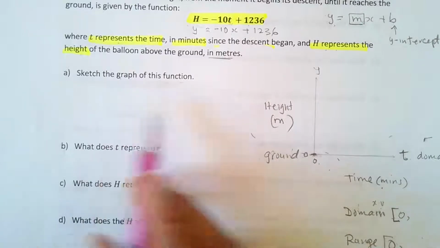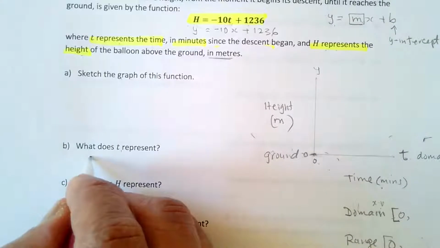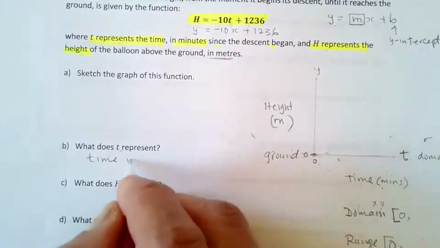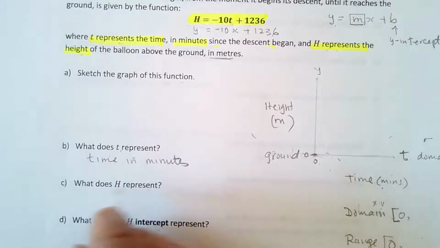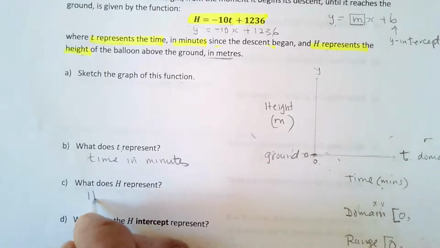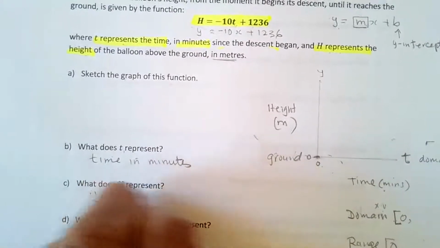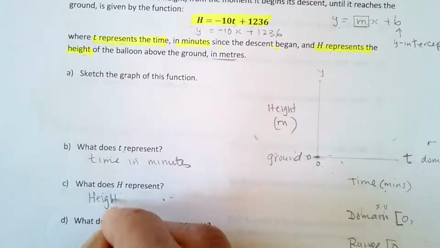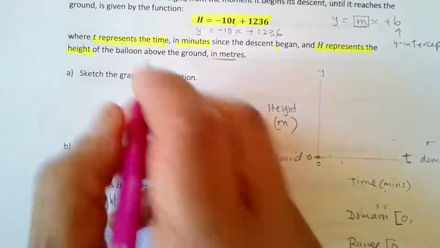So we're still sketching our graph. Now, what does t represent? It tells us here t represents time, so time in minutes. We'll put that in here. And h represents height, and it's in meters.